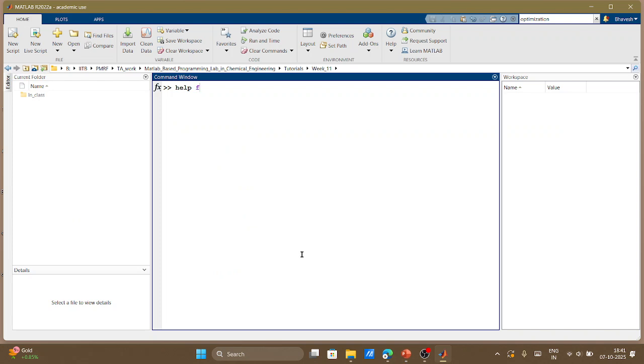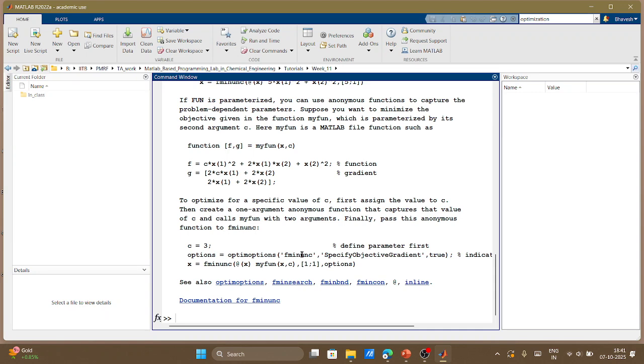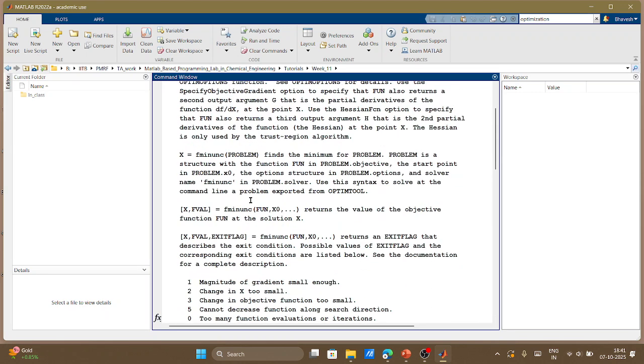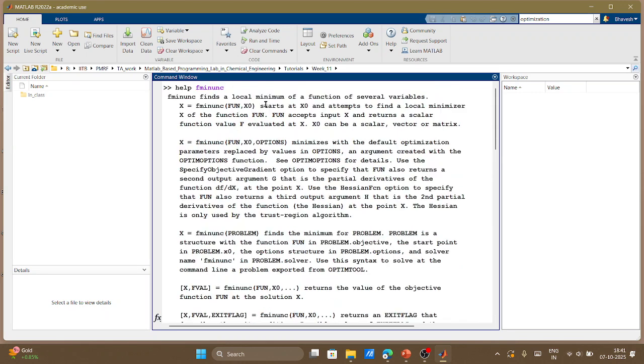So let's start with the fminunc function. Help fminunc. So here this finds a local minimum of a function of several variables. Where you have to provide the function value and the initial start point, which attempts to find a local minimizer x for your given function.